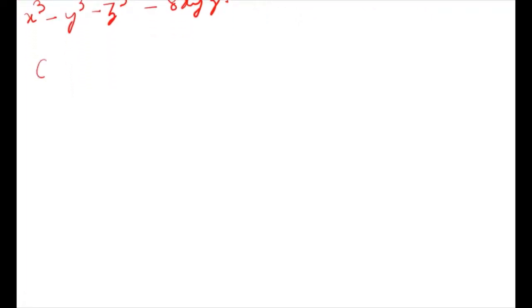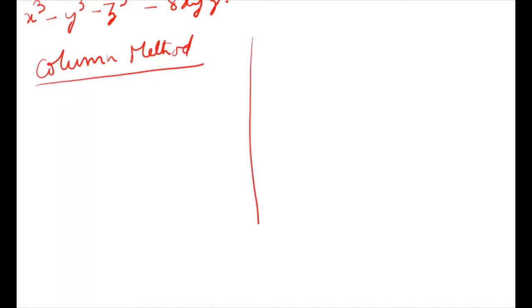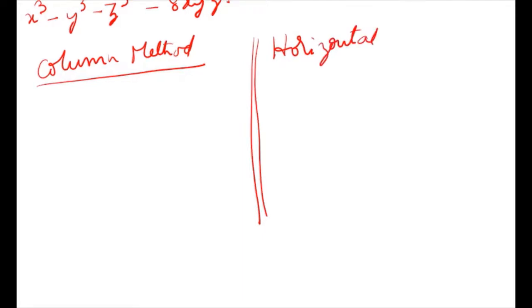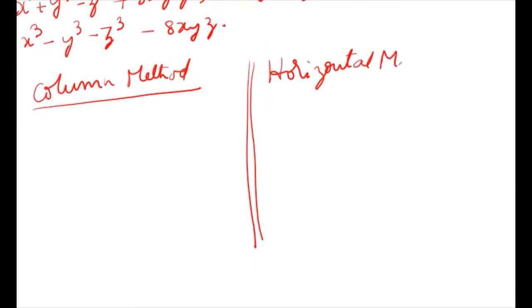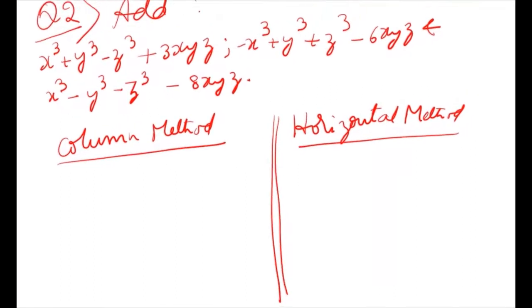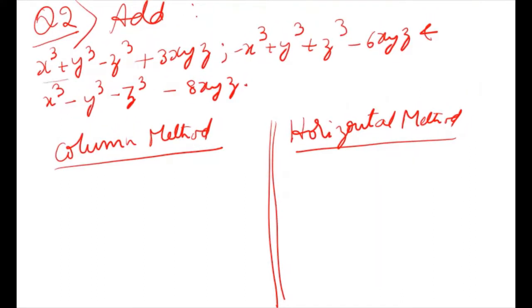Column method and horizontal method. Okay, now in column method we write the first expression as it is, that is this one. So x cube plus y cube minus z cube plus 3xyz.